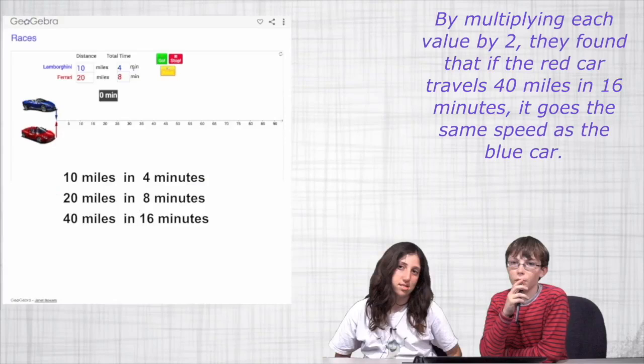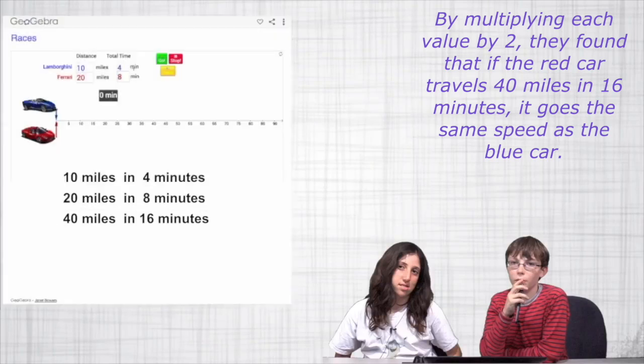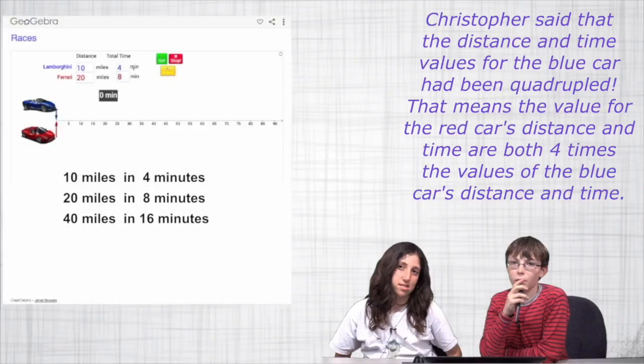By multiplying each value by 2, they found that if the red car travels 40 miles in 16 minutes, it goes the same speed as the blue car. Christopher said that the distance and time values for the blue car had been quadrupled. That means that the values for the red car's distance and time are both 4 times the values of the blue car's distance and time.